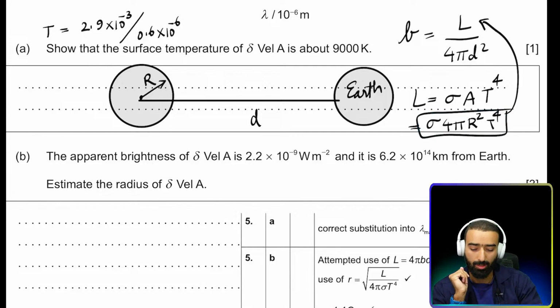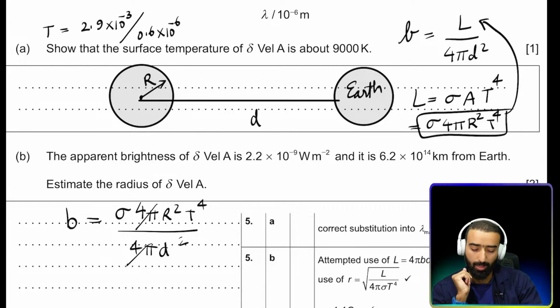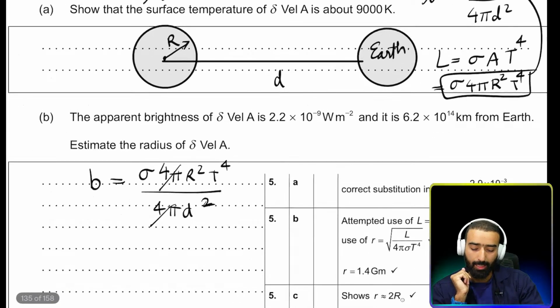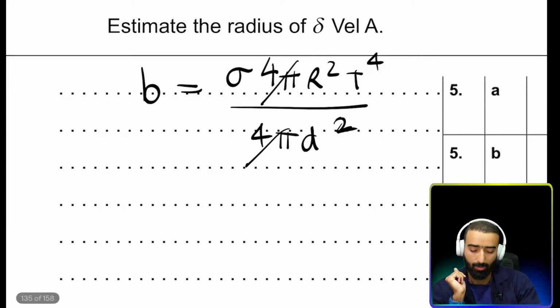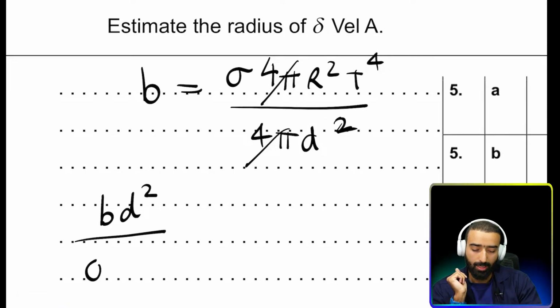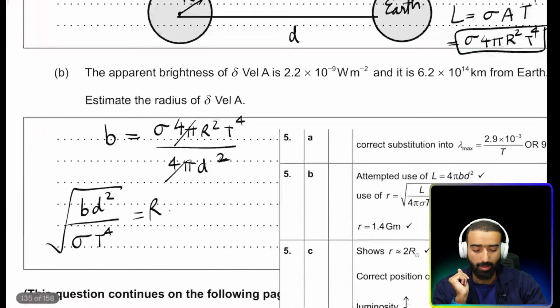All right, so our equation would become B equals sigma 4 pi r squared T to the 4 over 4 pi d squared. 4 pi goes away, and we are trying to solve for r, so let's make r our subject. We get B d squared over sigma T to the 4 with a square root. That's our r.